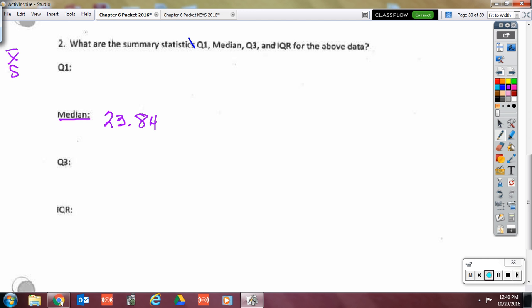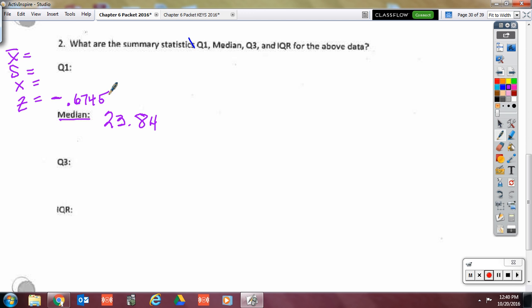I know my standard deviation. I want to find the speed at Q1, and I need a z-score. What is my z-score at Q1? Yeah, it's the inverse norm of 0.25 that we found earlier, negative 0.6745.